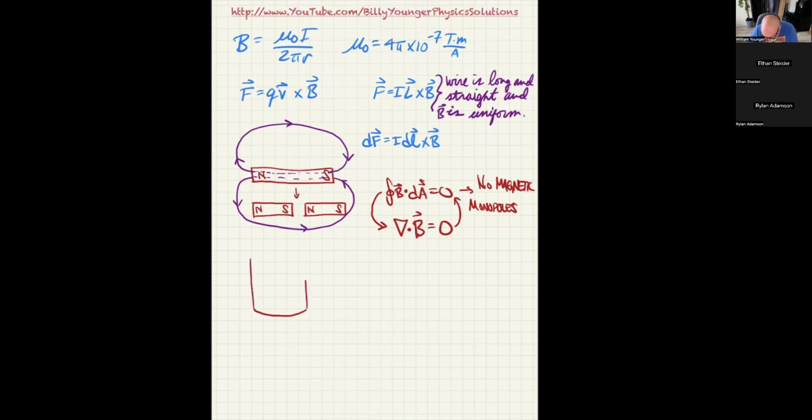So here's the big, big, big bar magnet, and this is the North Pole. And we're pretending like we can see through metal now. And then there would be a South Pole like this.